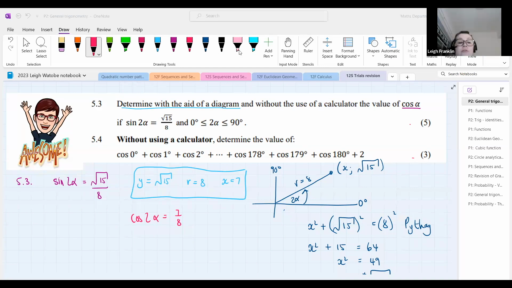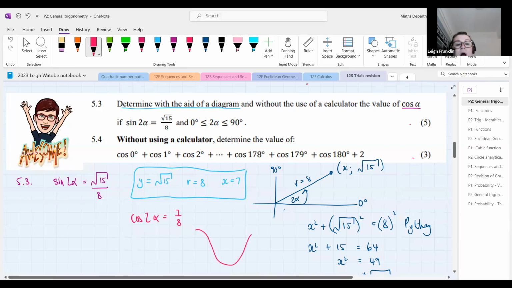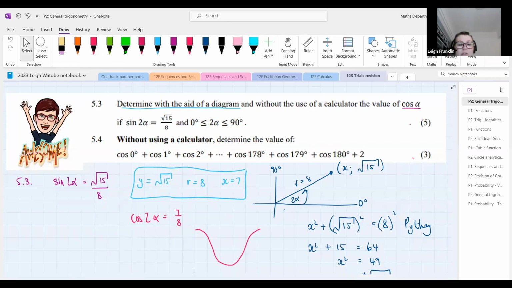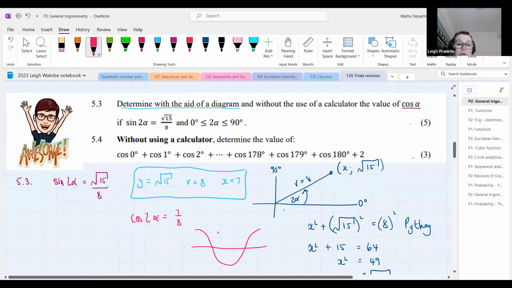Now why not, Zedalia? If we double the angle, do we double the ratio? Think about your graph. If we think about our cos graph, Zedalia, I'm so glad you asked that question. Our cos graph looks like this, doesn't it? In fact, we're working with negative cos x up there, but let's just draw a cos graph over here, and our x coordinate would be over there.